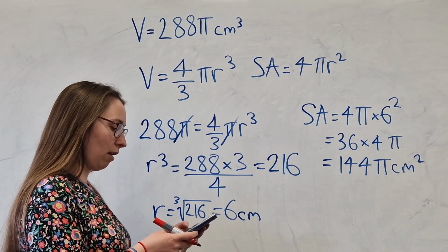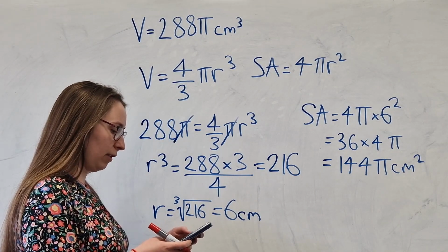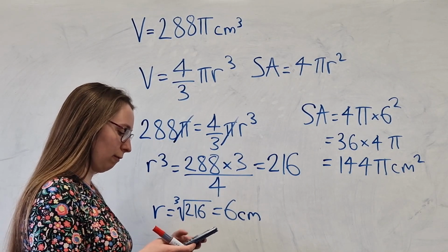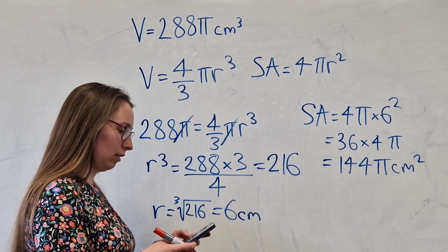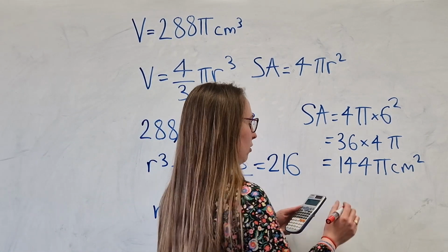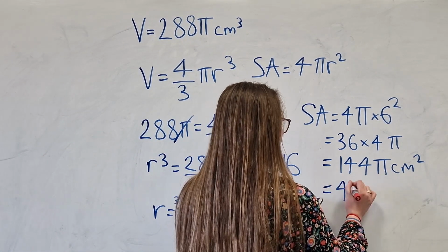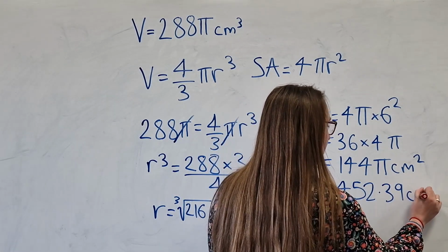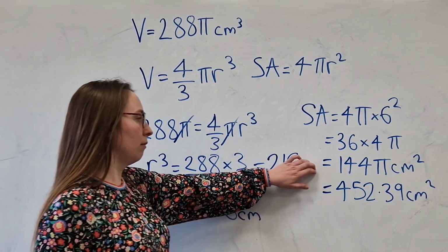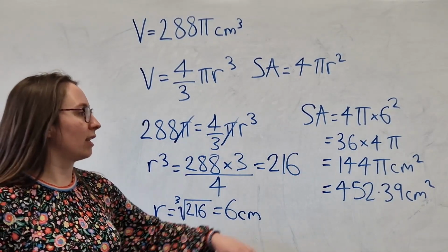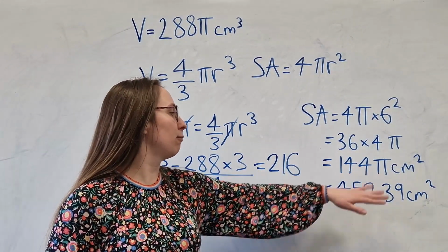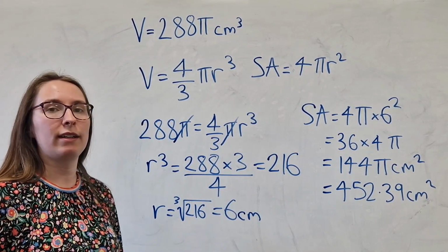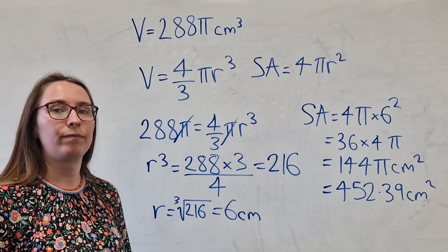I'll give it to you to 2 decimal places as well: 452.39 centimetres squared. And just make sure you're aware of what the question is asking you to leave it as, whether that's in terms of pi or to a certain number of significant figures or decimal places.